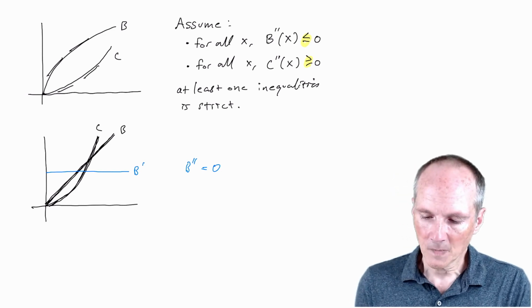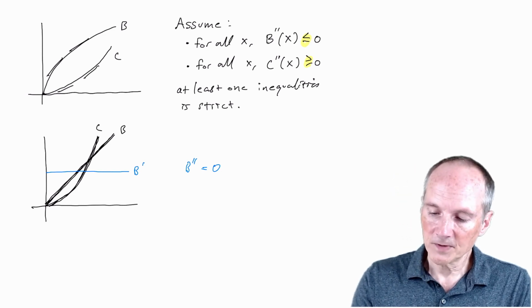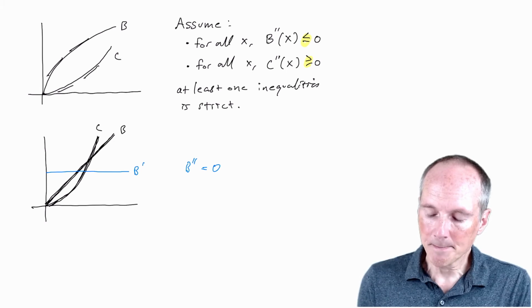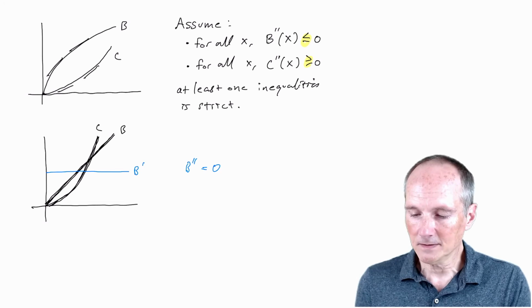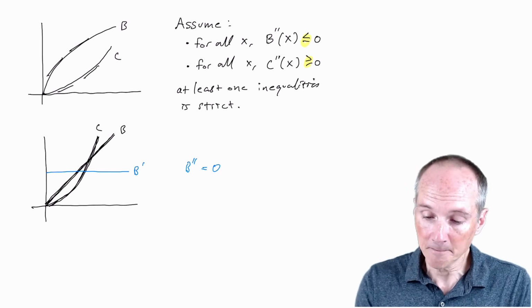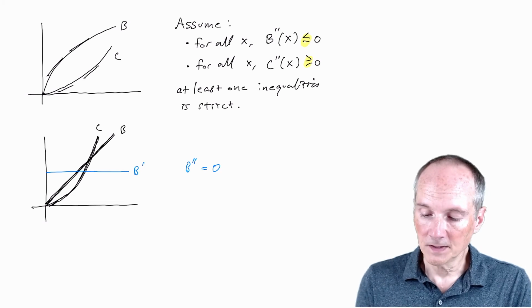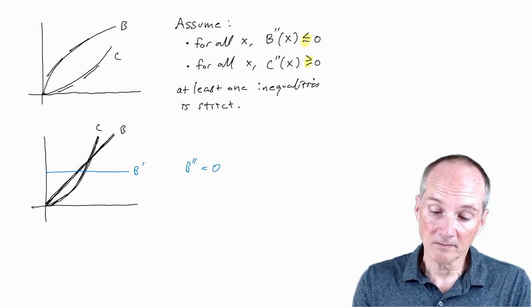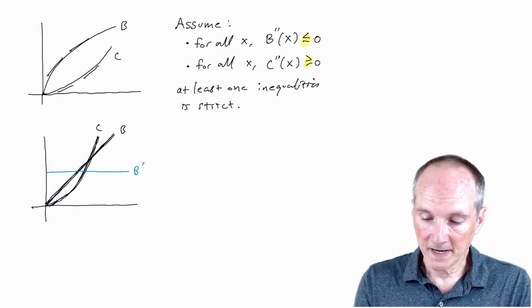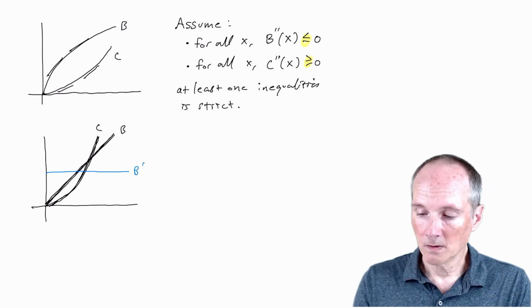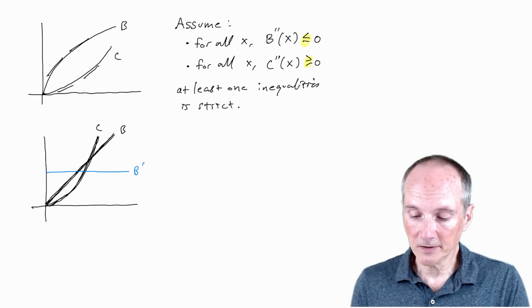So if we use strict inequalities here, we would rule out some nice examples, and let's just not do that. So we'll allow for weak inequalities, but I will assume that one of them holds strictly. So we cannot have both of these functions being linear.